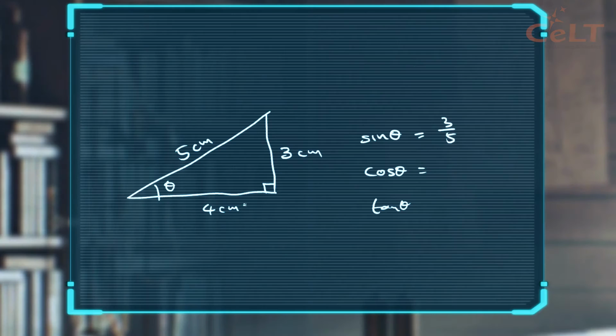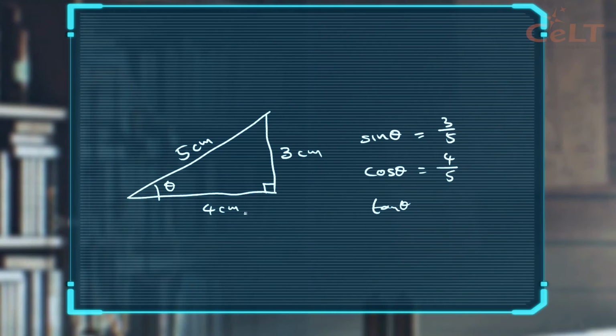Next, cosine theta is equal to adjacent over hypotenuse. Adjacent is 4 and hypotenuse is 5, so cosine theta is equal to 4 over 5. And finally, tangent theta is equal to opposite over adjacent, which is 3 over 4.